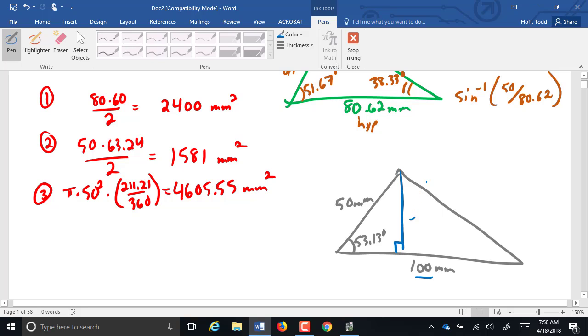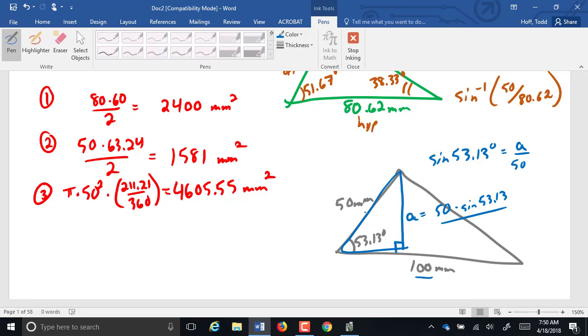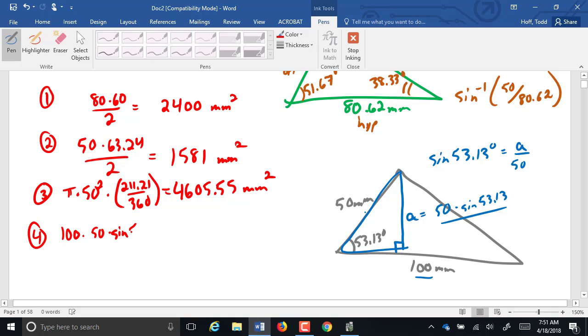Well, that altitude, let's just call it A for altitude, sine of 53.13 degrees equals A over 50, because 50 would be the hypotenuse of this triangle now. So A is equal to 50 times the sine of 53.13. So that area is 100 times 50 times the sine of 53.13 over 2.